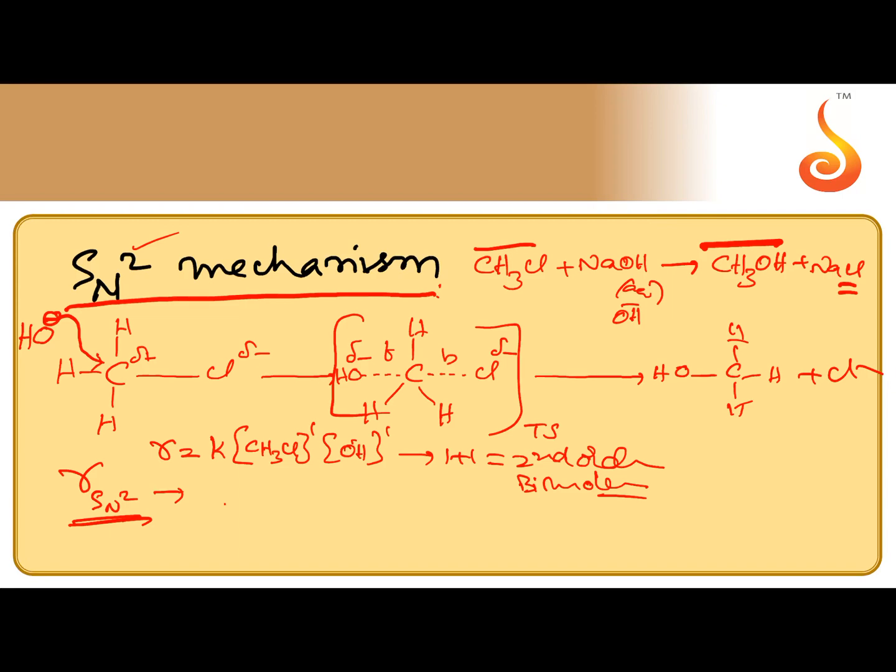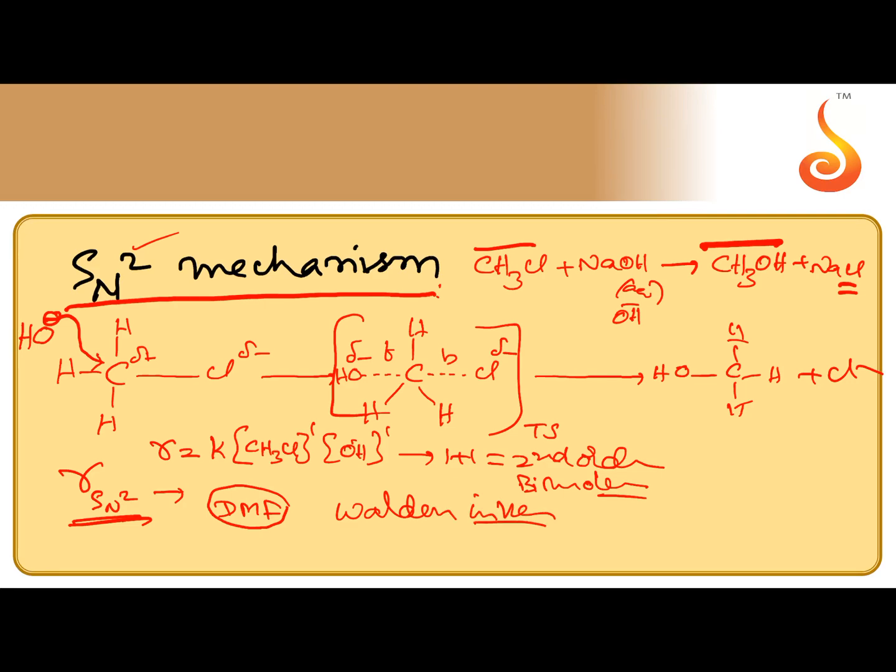If a polar aprotic solvent like DMF is used, that favors the SN2 mechanism. If the attacking nucleophile is strong, the rate of SN2 reaction is increased. If a chiral carbon is present in the alkyl halide, the product will have the opposite configuration. That's why this is called inversion, Walden inversion.